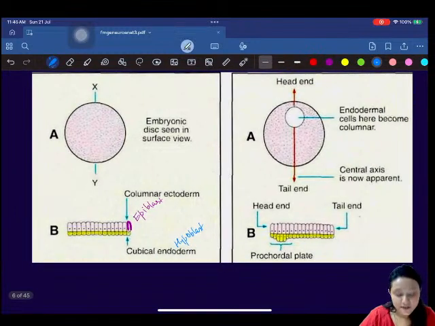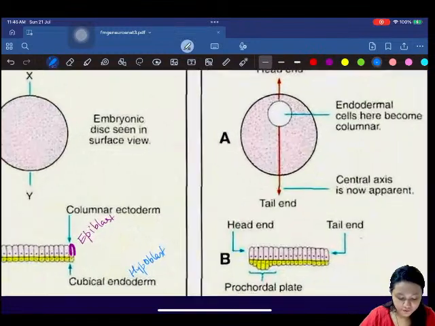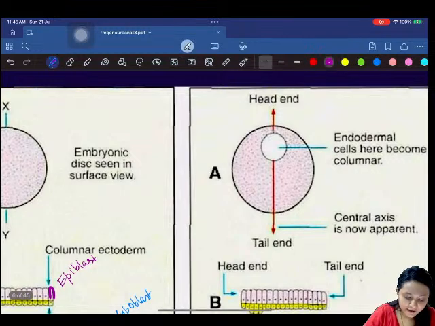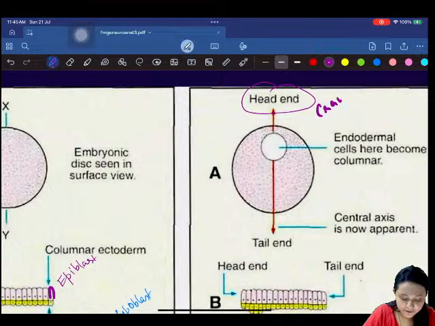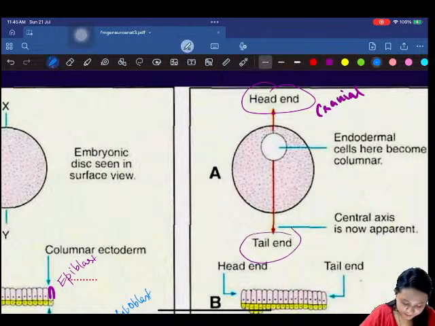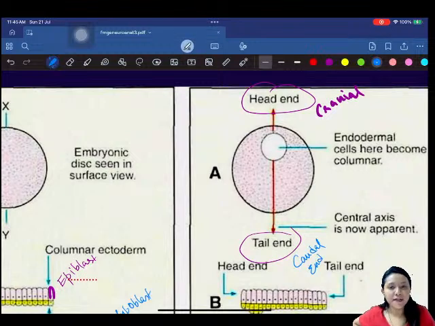Okay, now you have two ends here. One is the head end, that is the cranial end. This is the cranial end, and the other one is the caudal end. The cranial end and the caudal end.